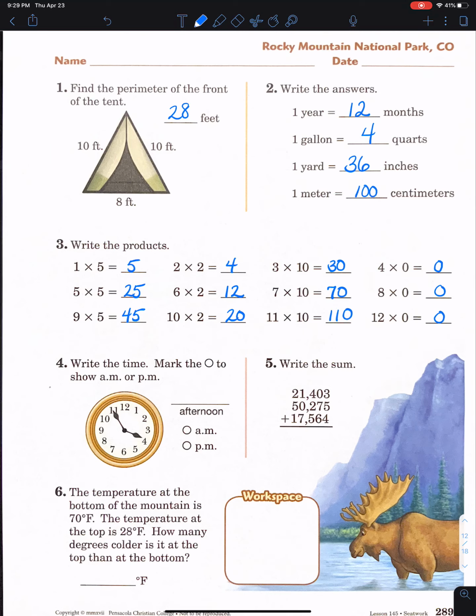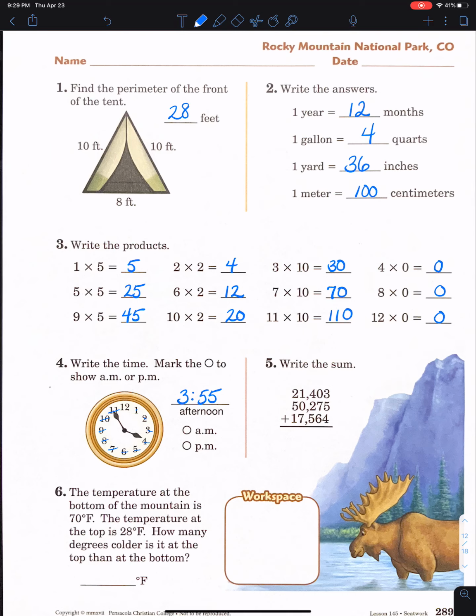So it's actually still in the 3 o'clock hour, and the minutes past 3 are, let's count, 5, 10, 15, 20, 25, 30, 35, 40, 45, 50, 55. When the big hand is on the 11, it is 55 minutes past the hour.